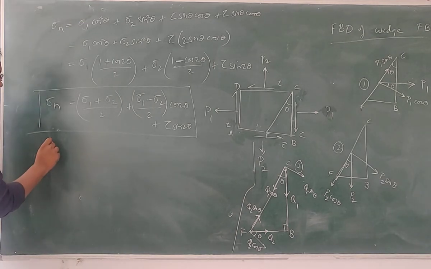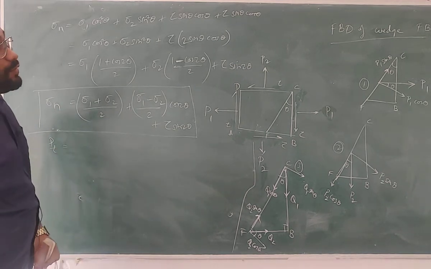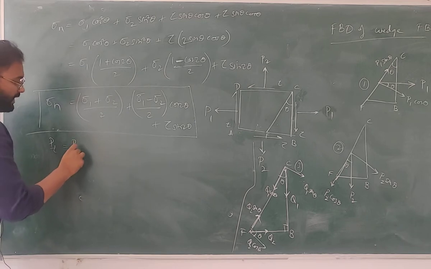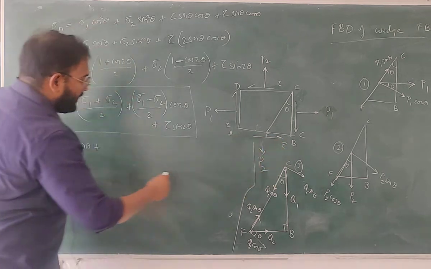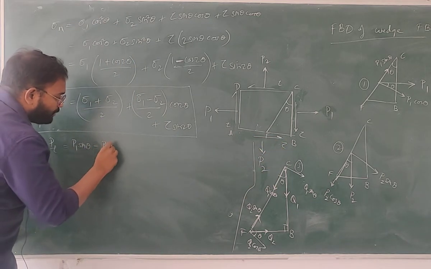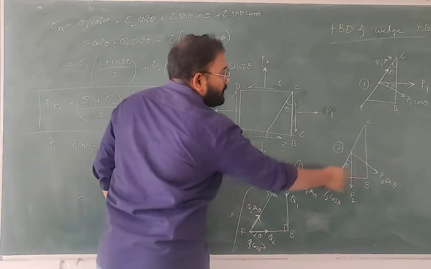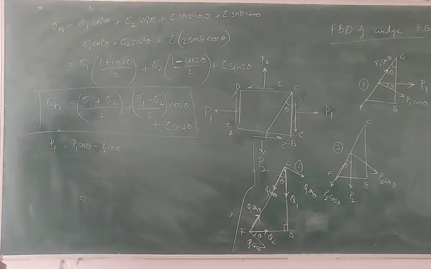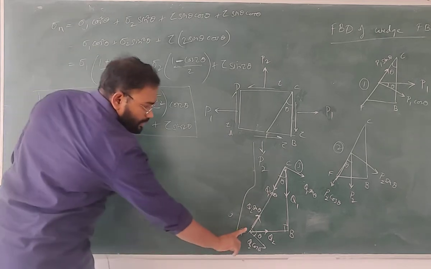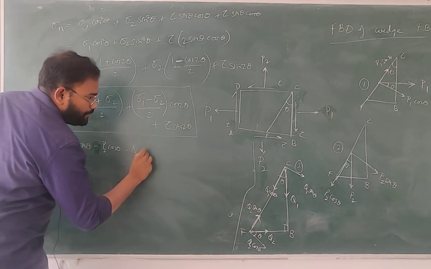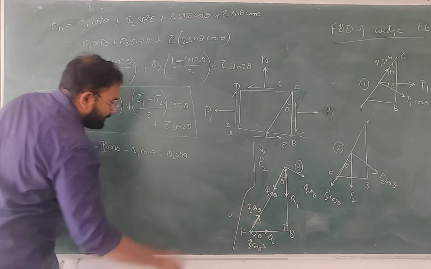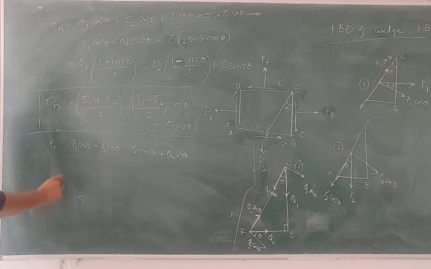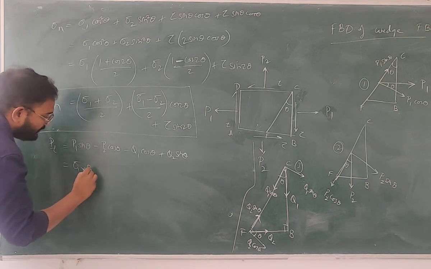Similarly, you need to add all the tangential forces. Pt is equal to, what are the tangential forces acting? From FBD1 it will be P1 sin theta plus P2 cos theta. This should be taken as negative, minus P2 cos theta. Why? Because this is in opposite direction compared to P1. Then minus Q1 cos theta plus Q2 sin theta. What is P1? Sigma 1 into BC.